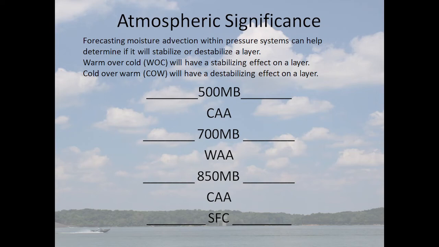Taking all that into account, you can go to each level and determine what kind of advection you have in your area, then put it over top of each other as layers and determine if you're going to be stable or unstable. So warm over cold is a stable layer.